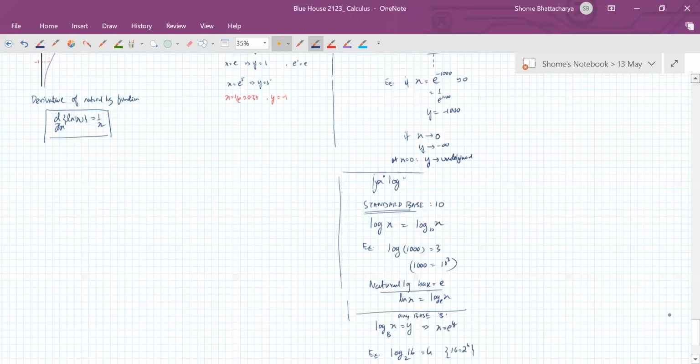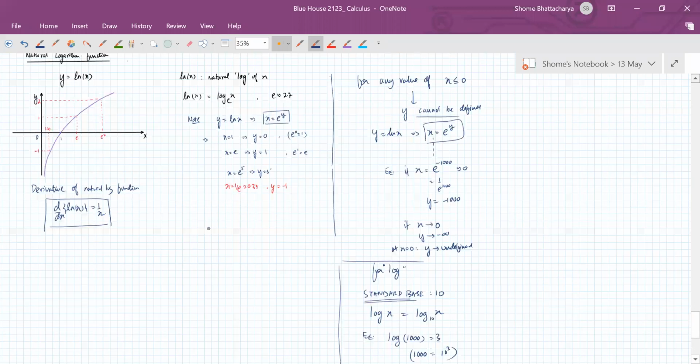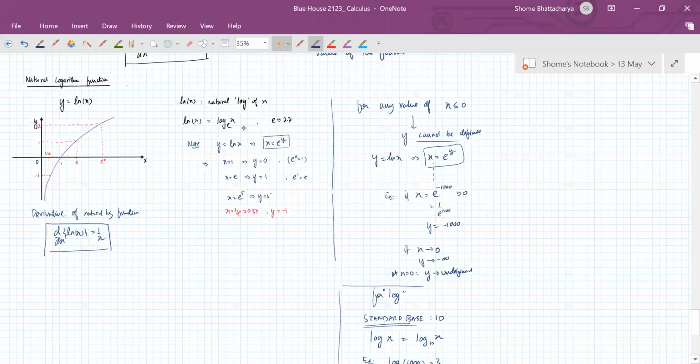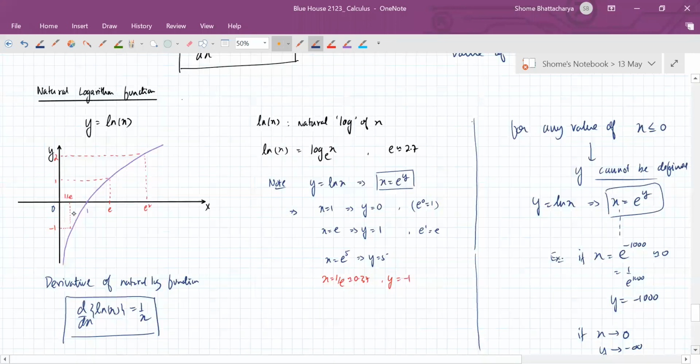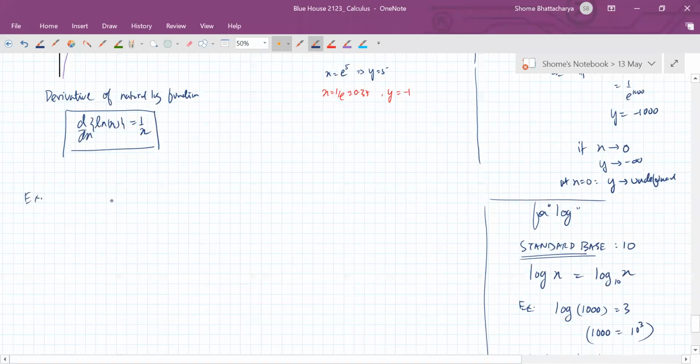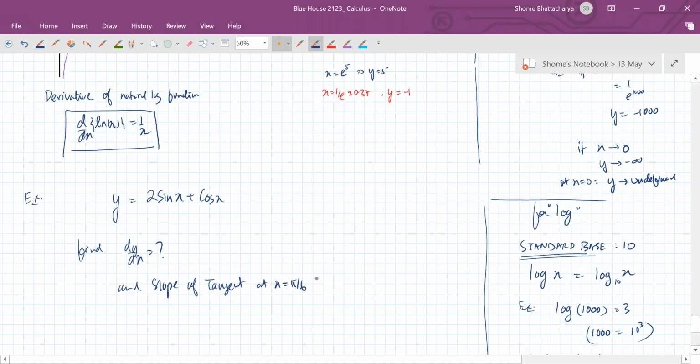Okay, so now based on all the new formulae we have learned, we can easily differentiate simple combinations of these formulae. For example, we have something like this: y is equal to 2 sin x plus cos x, and we want to find dy by dx and the slope of the tangent, let's say at x equal to pi by 6.